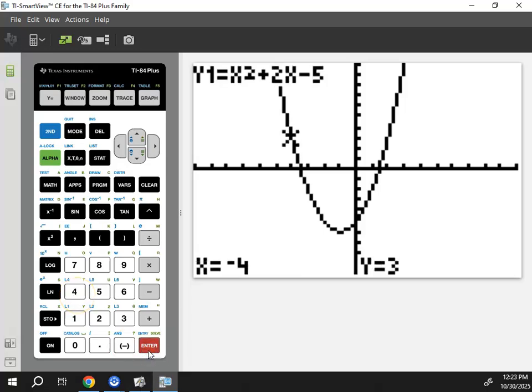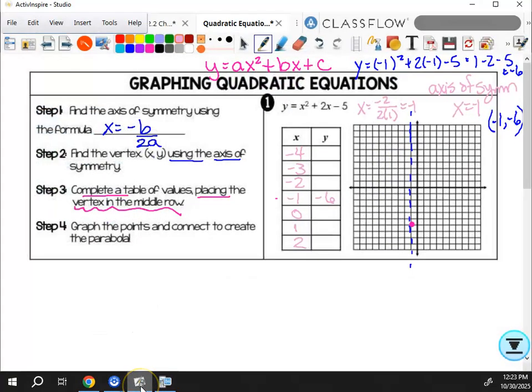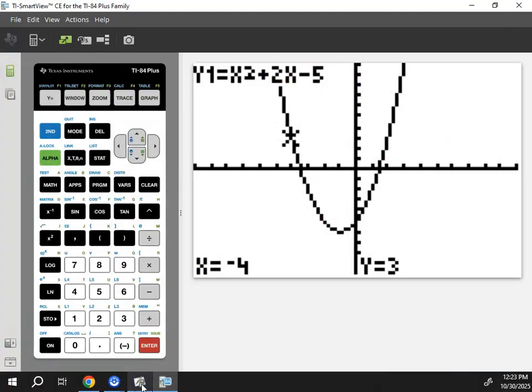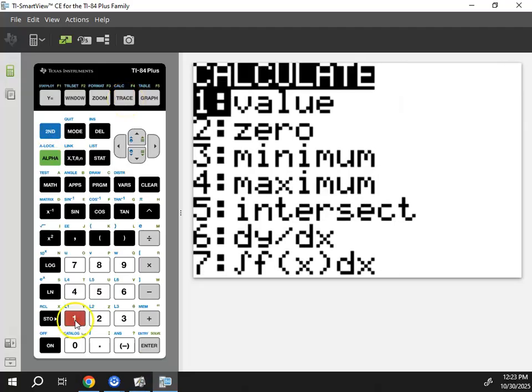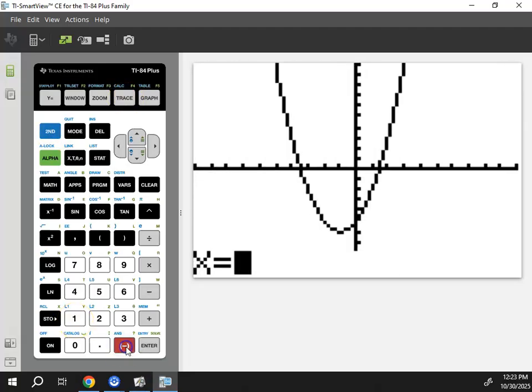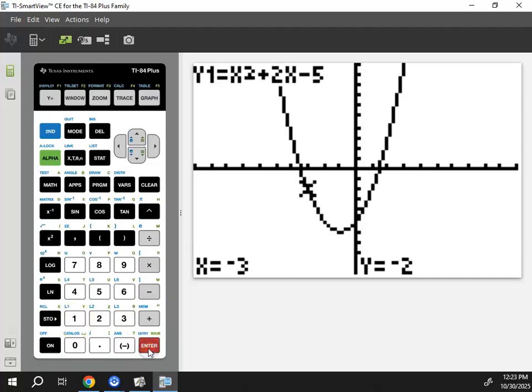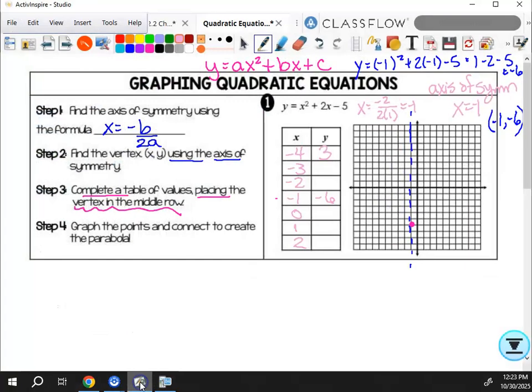Hit enter, it tells you what the y value is. Okay? And then we can do 3. Then we'll do the same thing for -3. Second, trace 1, -3. Go ahead and fill in the rest of your chart.